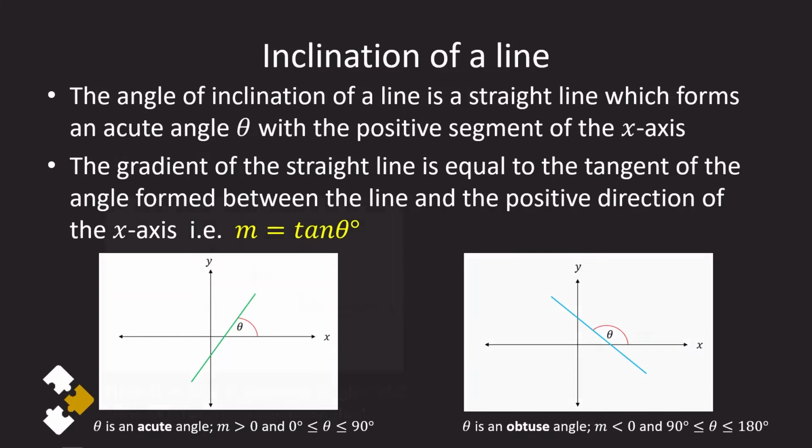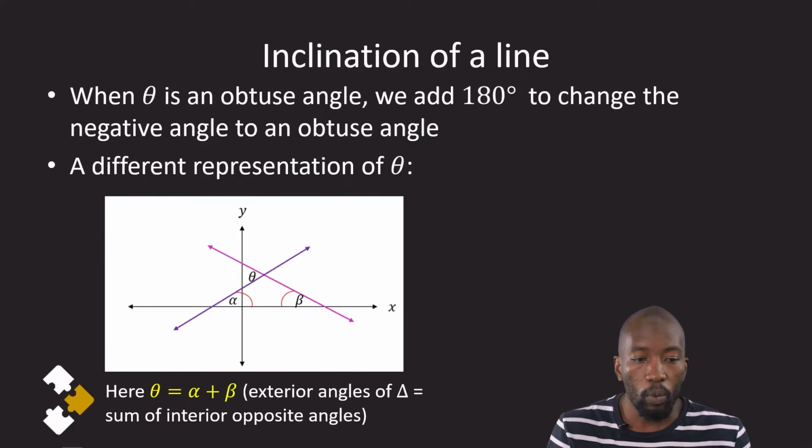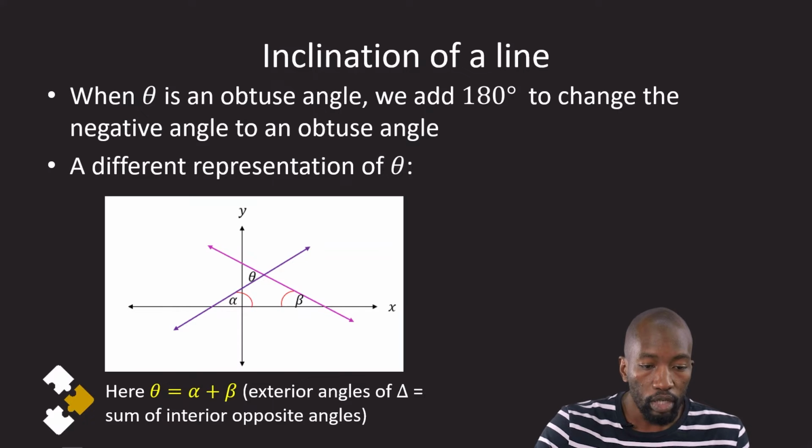Now let's carry on. More on inclination of a line. When theta is obtuse, we add 180 to change the negative angle to an obtuse angle, a different representation of theta. So looking at it there, if we want this theta here, all we need to do is, we know that alpha plus beta plus this angle here that we don't know will give us 180 degrees.